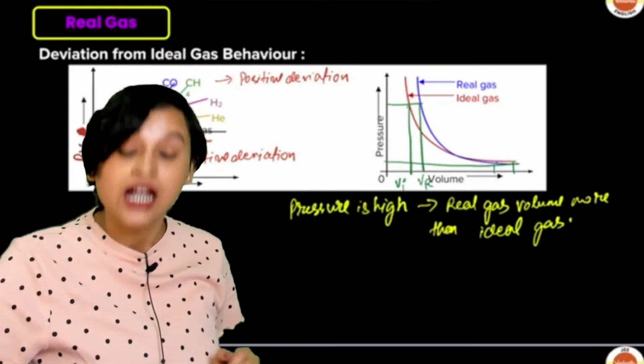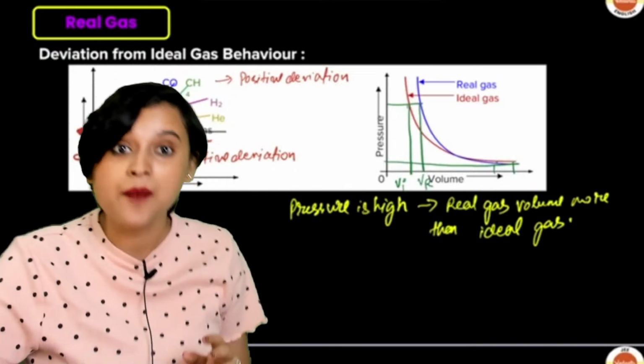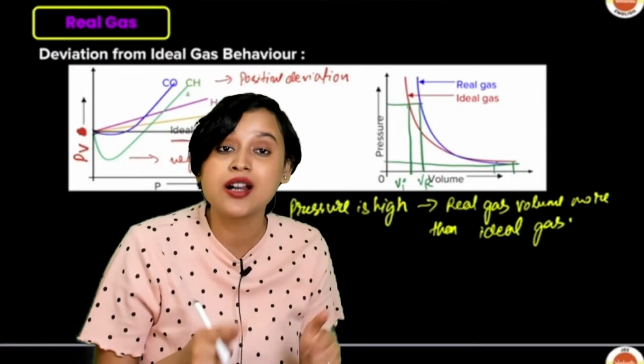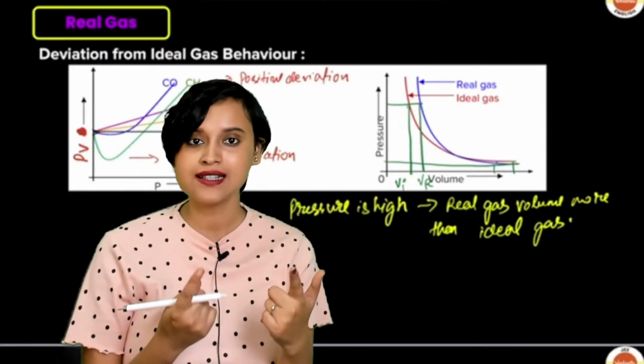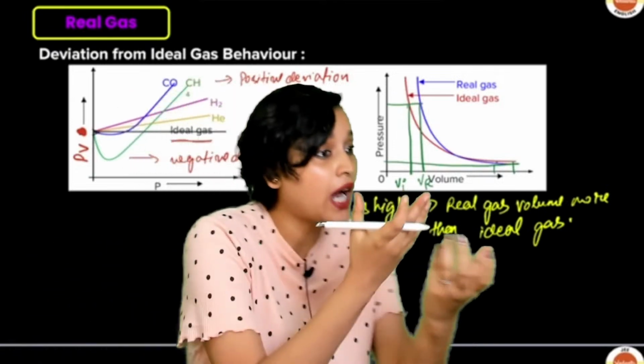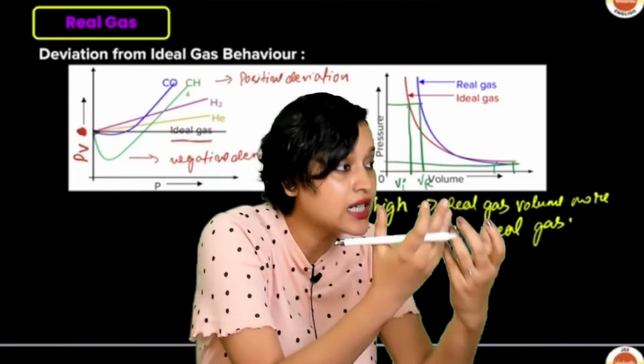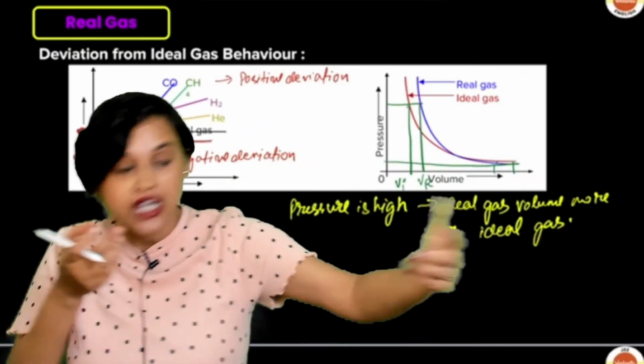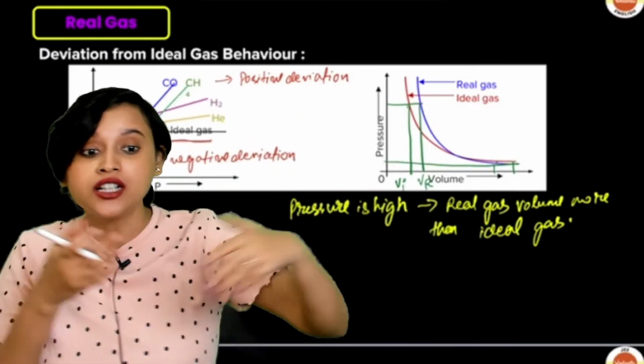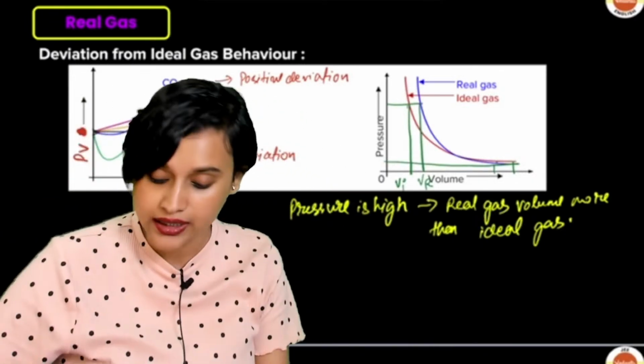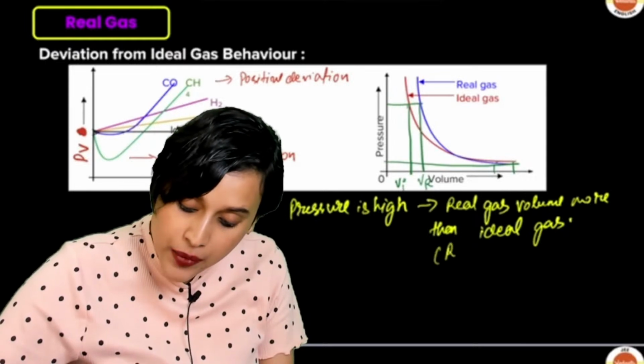Why is that? Because at high pressure, repulsion is dominant. At high pressure, the particles are moving away, repelling each other, and because they are repelling each other, the volume is increasing. So that means repulsion is happening here.